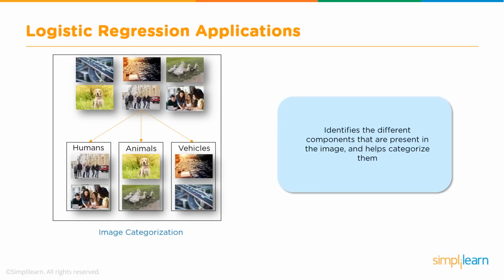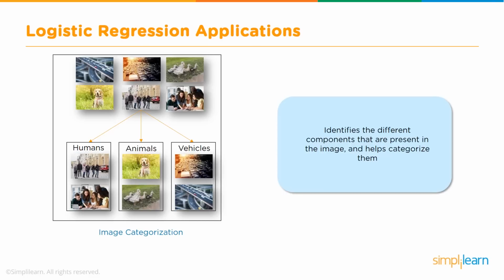A few more examples. Classification of objects. This is again another example of logistic regression. Now here, of course, one distinction is that these are multi-class classification. So logistic regression is not used in its original form, but it is used in a slightly different form. So we say whether it is a dog or not a dog.